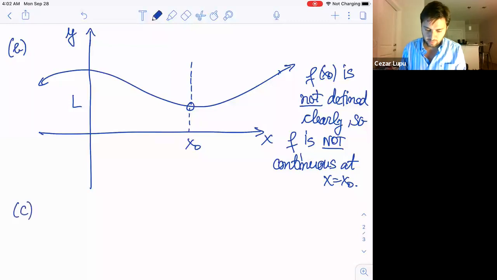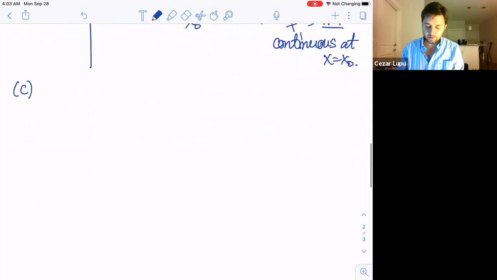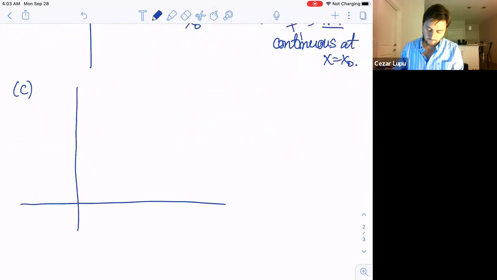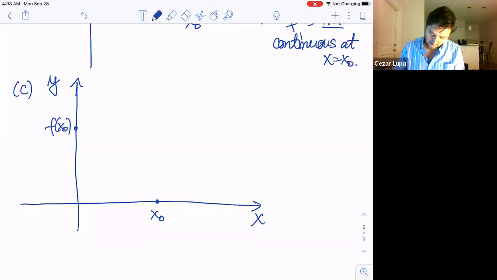Now let's draw some other two pictures. We want to see what kind of discontinuities we have. All right, let's think of the following scenario. Let's just say we have something like this. So we have here x naught. And here we have f of x naught. So they meet somewhere.